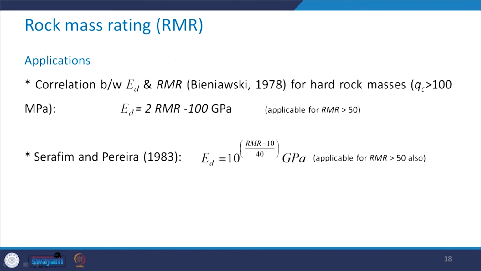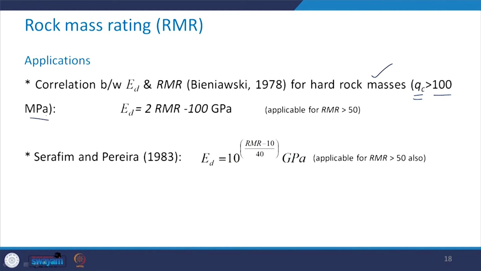Some correlations between the modulus of deformation and RMR are also given. So one is there for hard rock masses. How should we identify a hard rock mass? That is, its UCS is going to be more than 100 MPa.